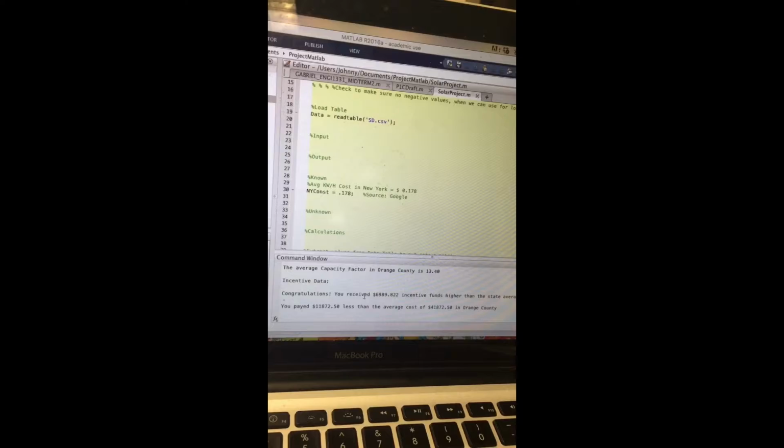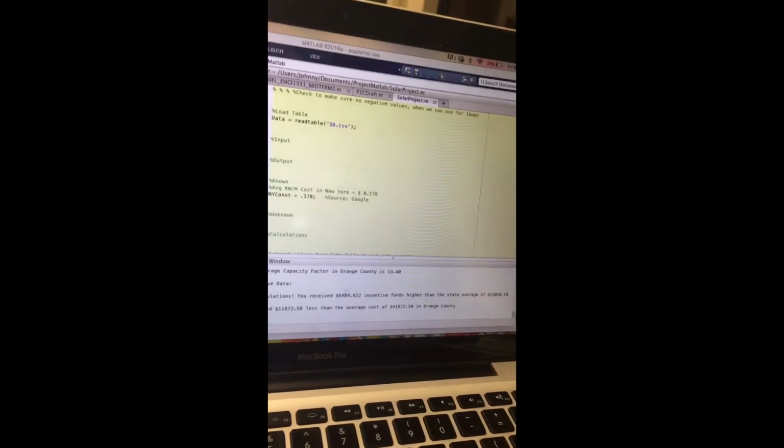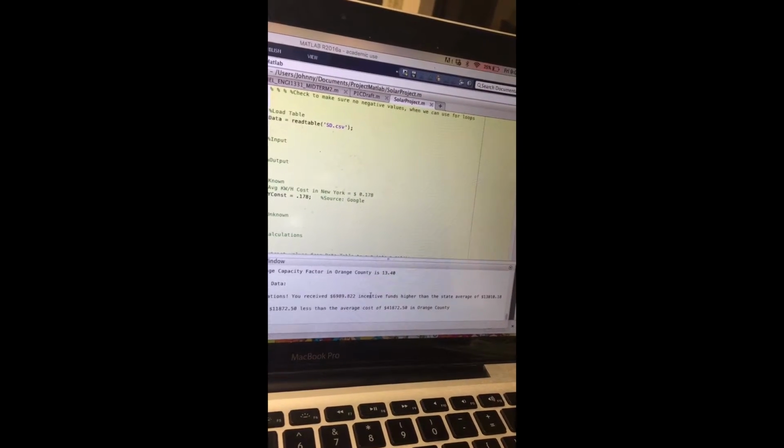Say you haven't broken even, then it will output how much incentives you increase. So let's say this makes sense because you received a $20,000 incentive, therefore you received higher than the state average, and it'll output how much average cost you paid.